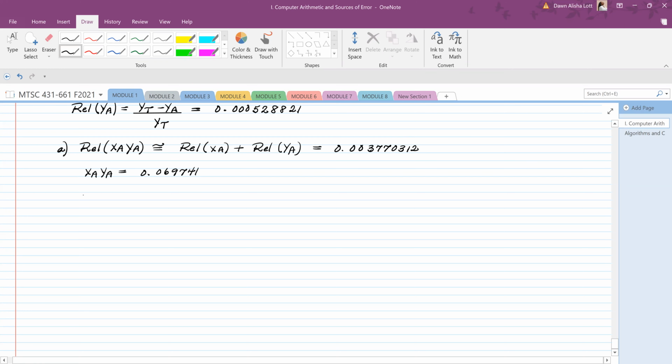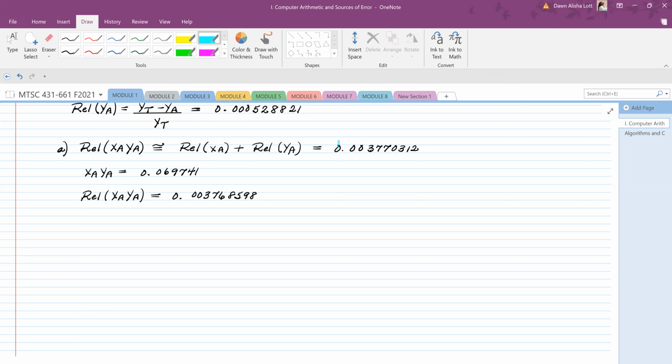And the true relative error in X approximate, Y approximate, if we actually do the calculation, turns out to be 0.003768598. And those two are very close.